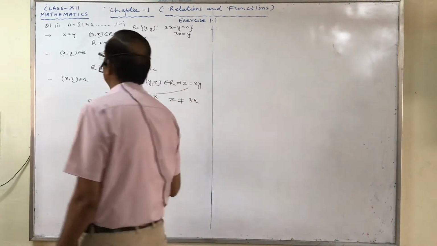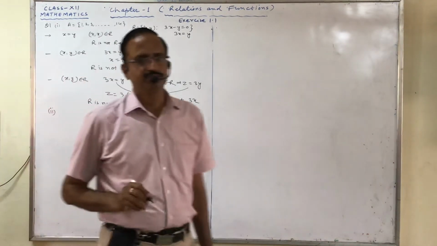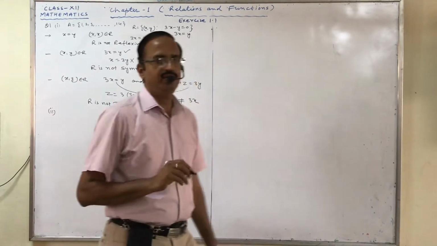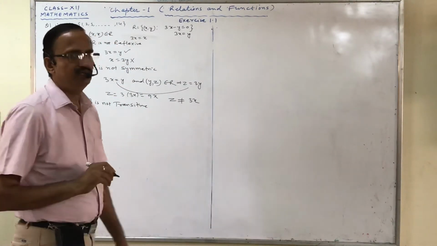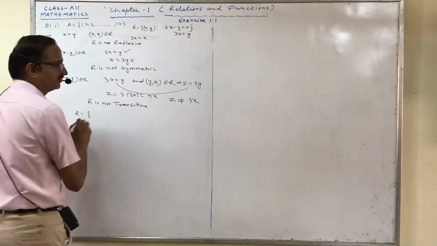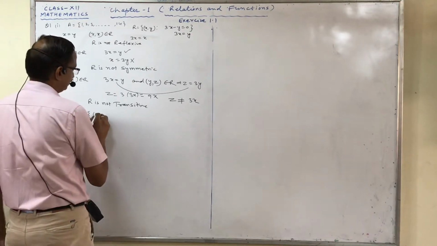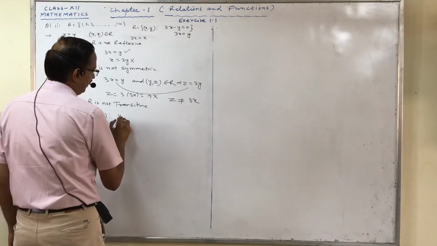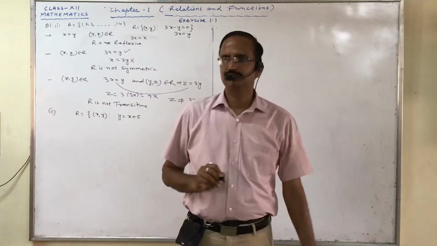Now come to the second part. In the second part, we have a relation R in the set of natural numbers. The relation is R = {(x, y) : y = x + 5}, and there is one condition also.